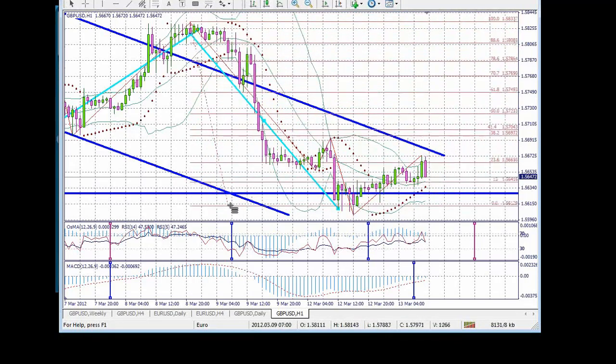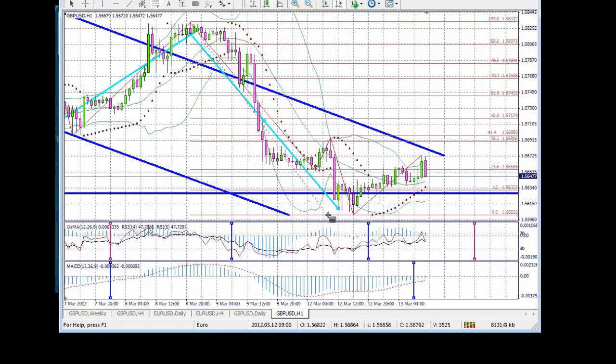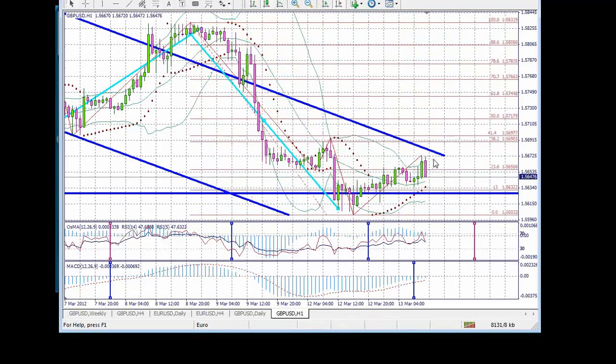We have that move that was up to here, and it was one move that was not completed. The currency was rejected from the superior line of the channel and didn't reach one Fibo level.